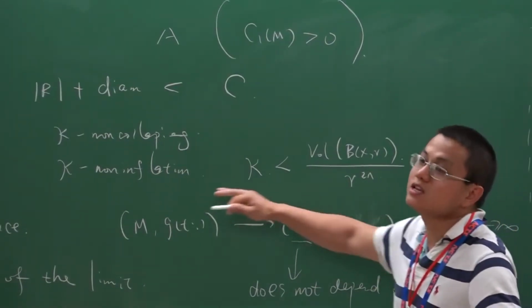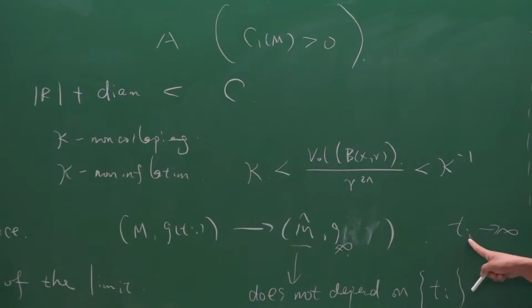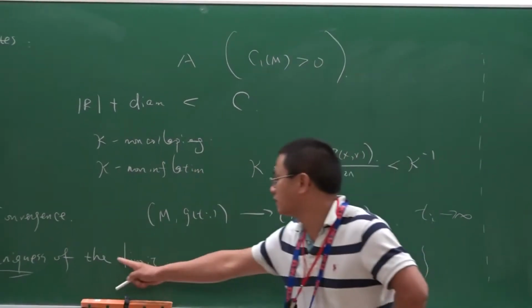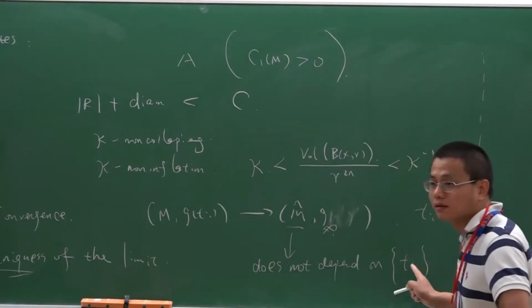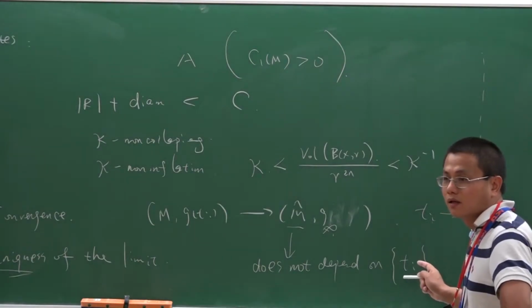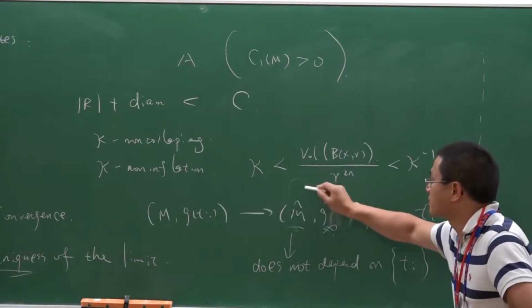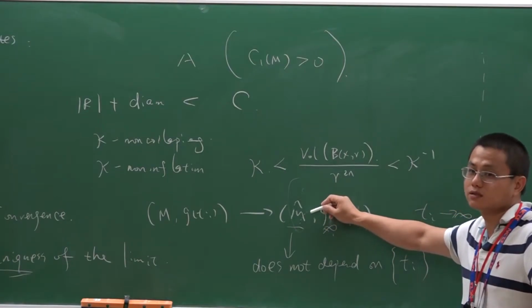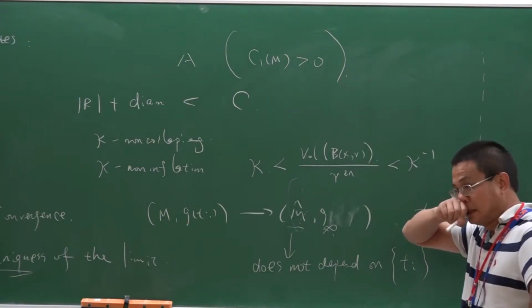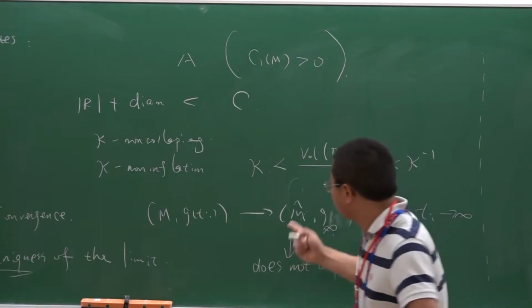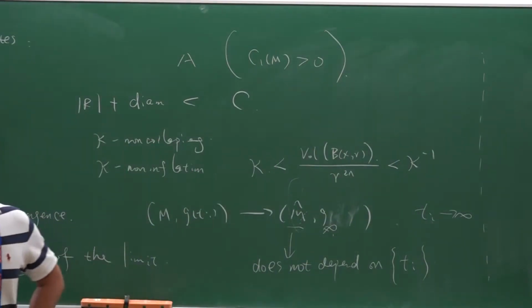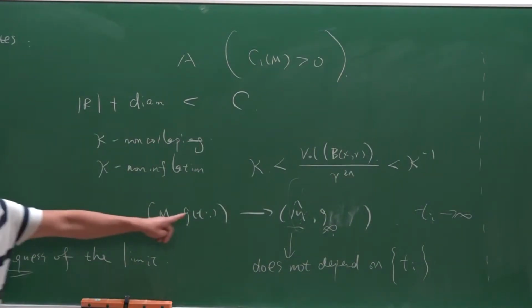But in general, it could depend on the choice of t_i. By uniqueness of the limit, we say this does not depend on t_i. Just the underlying manifold, as a complex variety, does not depend on t_i. This uses some rigidity of complex analysis.